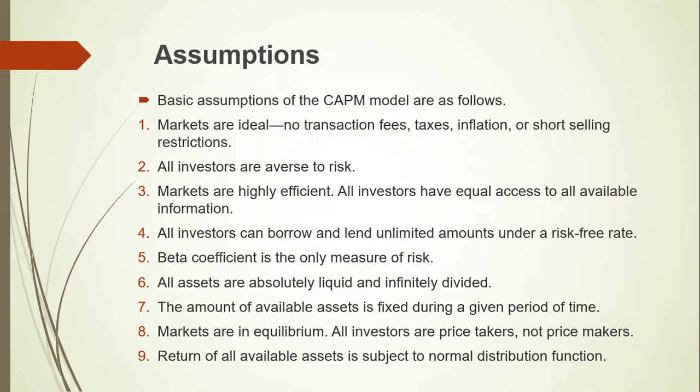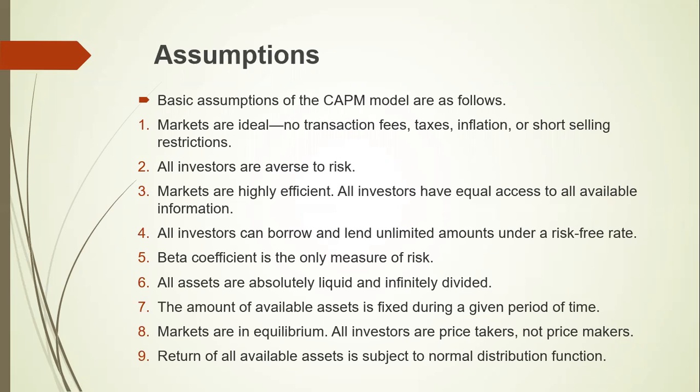Again, the assumptions vary. By assuming all these, he has created the model, which we can say does not work 100%. All investors can borrow and lend unlimited amounts at a risk-free rate. Beta coefficient is the only measure of risk. Again, we use standard deviation also, but here it is using beta coefficient.